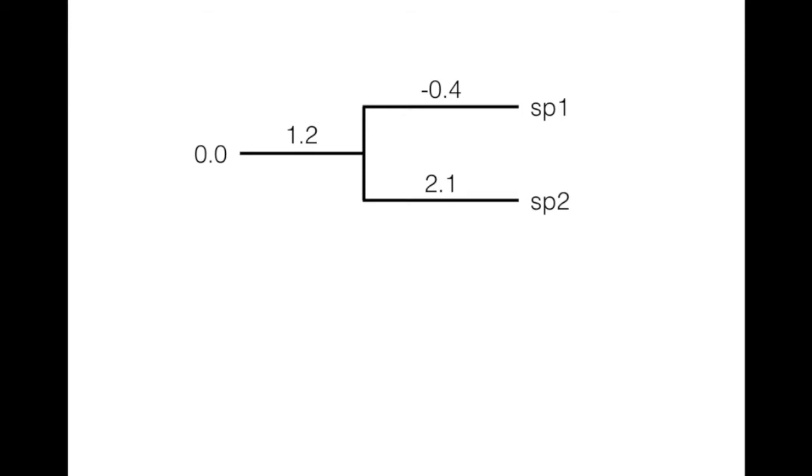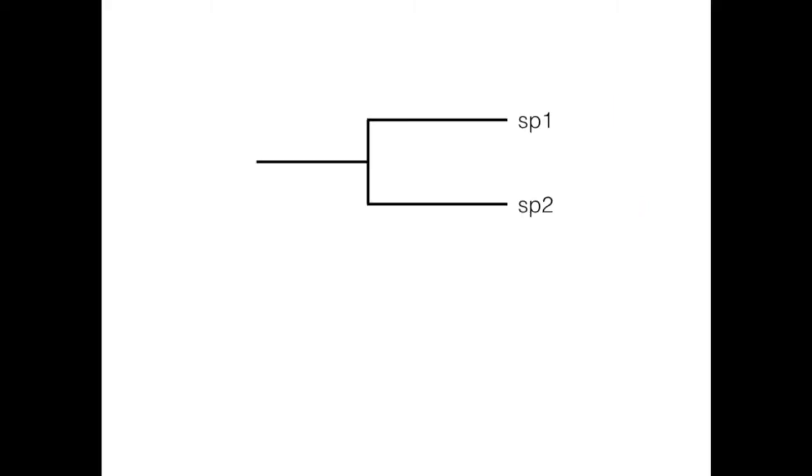We can then traverse the tree, adding those changes together to figure out our phenotypes for species 1 and species 2. We have 1.2 minus 0.4 equals 0.8 as a value for species 1, and likewise 1.2 plus 2.1 is 3.3 for species 2.